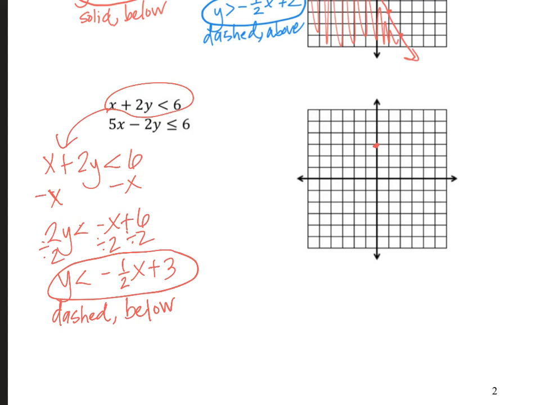So down 1 over 2, down 1 over 2, up 1 over 2, up 1 over 2. And then it's dashed. And we are shading below.